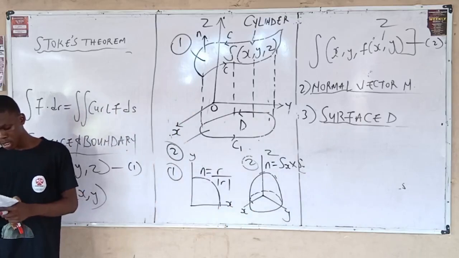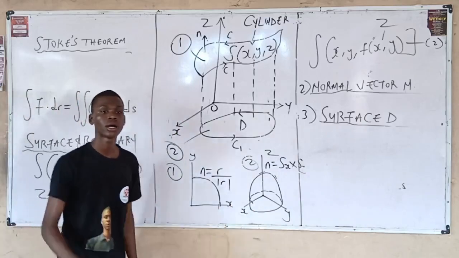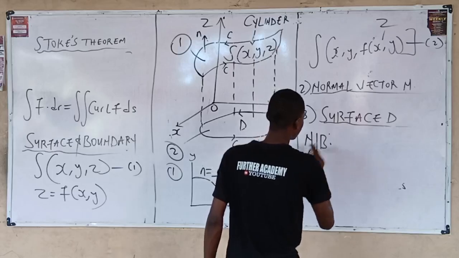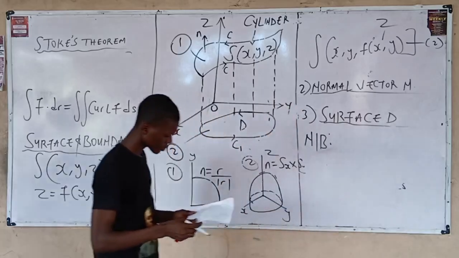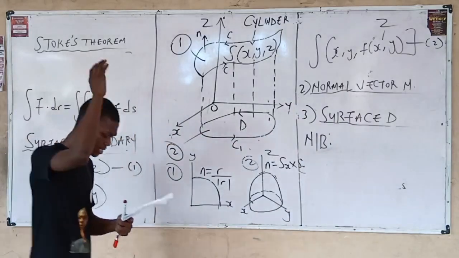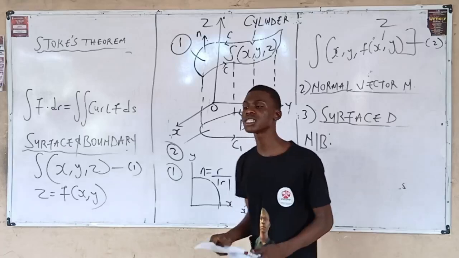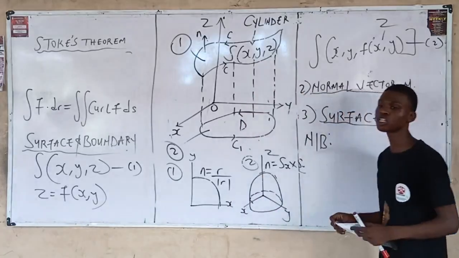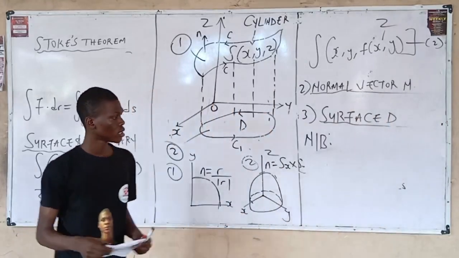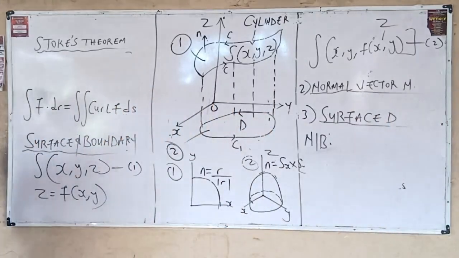Also, take note: your normal is always on the Z axis.